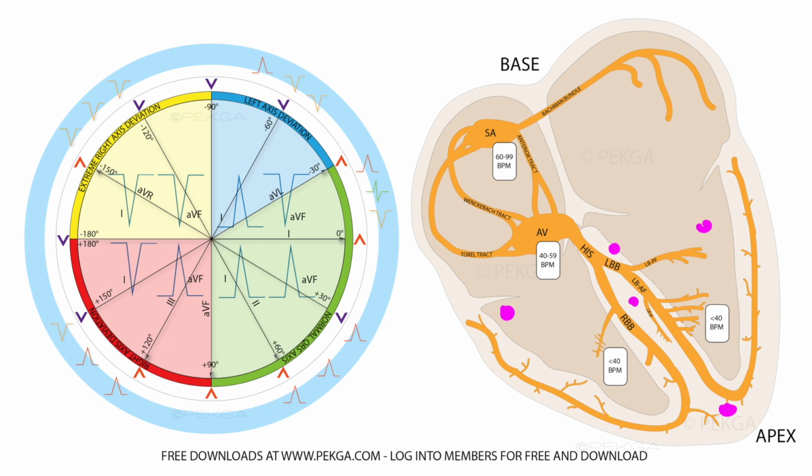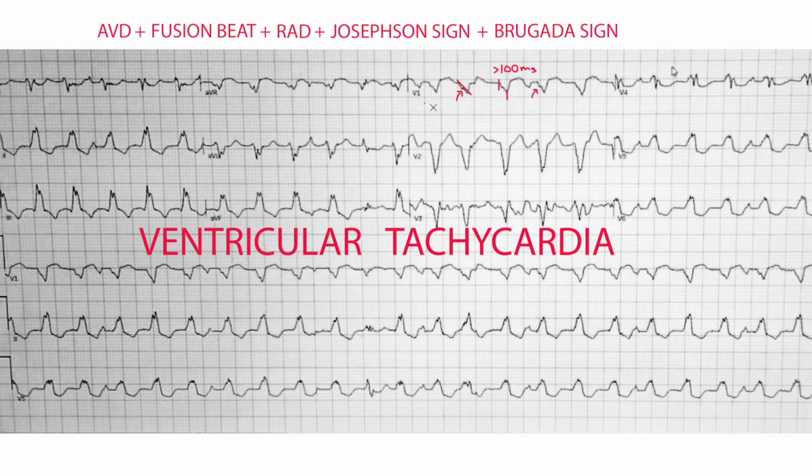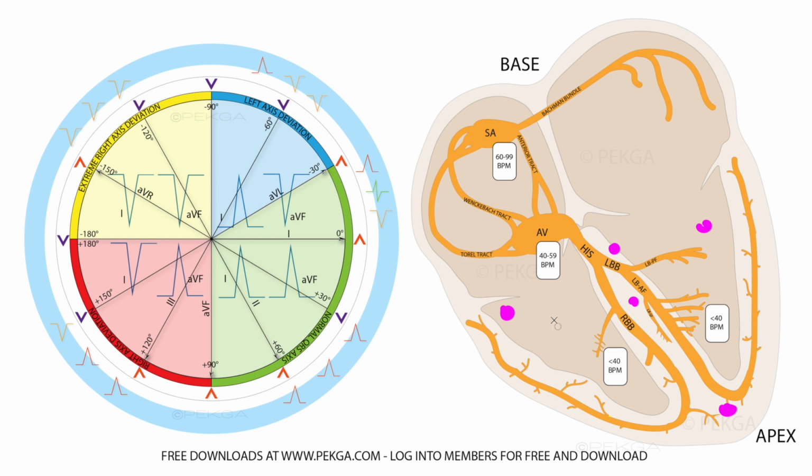You get the point. Now, looking at this over here, left bundle branch morphology, generally speaking, should place that tachycardia in the right ventricle. Okay, so if you have left bundle branch morphology, your tachycardia is most likely coming from the right ventricle.